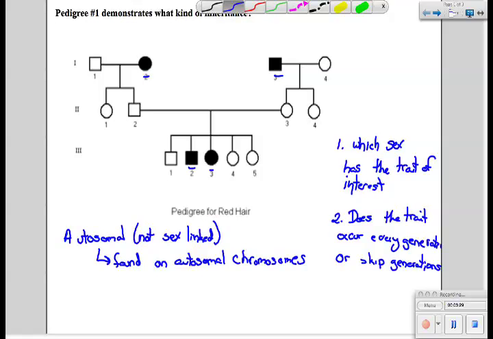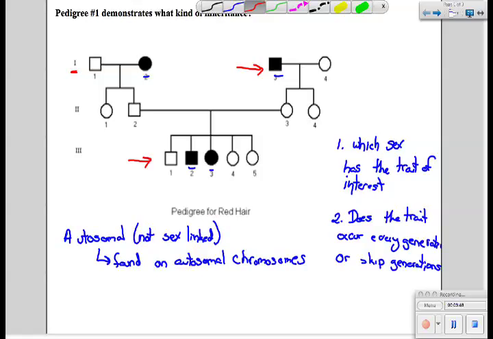Let's look at this trait here. In this trait, we see it here in the first generation, denoted over here. We don't see it at all in the second generation, and it reoccurs here in the third generation.